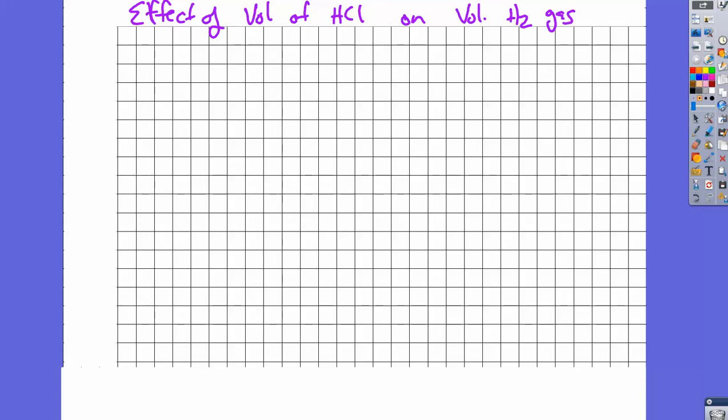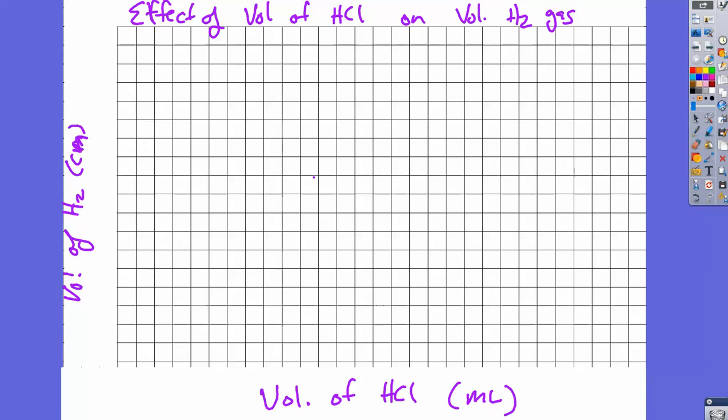And your IV, so that's what goes across the bottom here, is going to be your volume of hydrochloric acid, and we measured that in milliliters. And then your dependent variable was the volume of hydrogen gas. Really, what we ended up measuring was the circumference of the balloon, so that was centimeters.